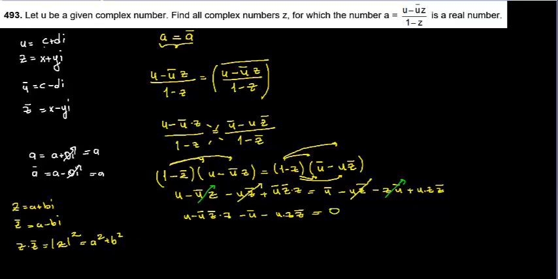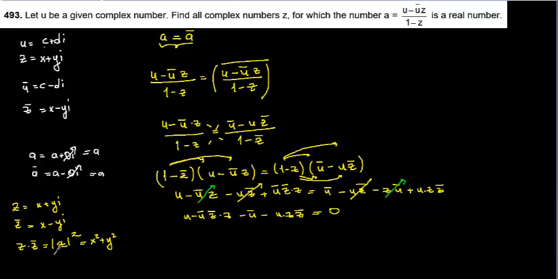I used a and b again, sorry for that, it should be x and y. It's better to write with x and y. x plus yi, then x minus yi, then z times z conjugate is equal to the modulus square, which is equal to x square plus y square.